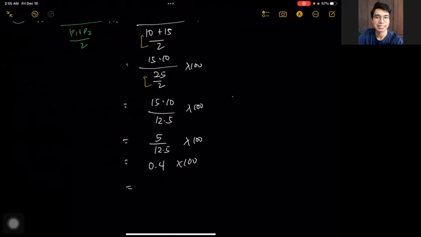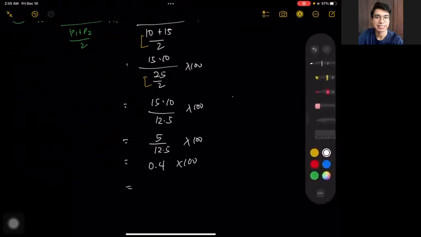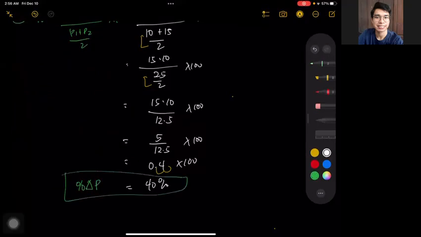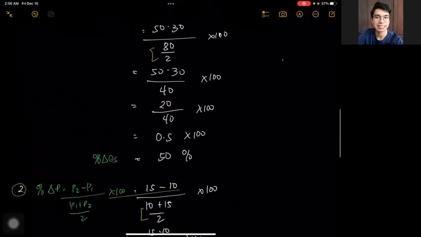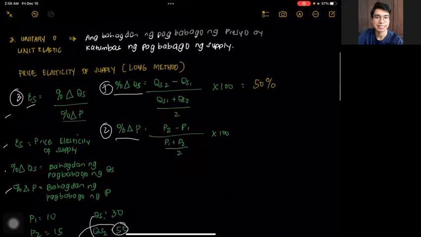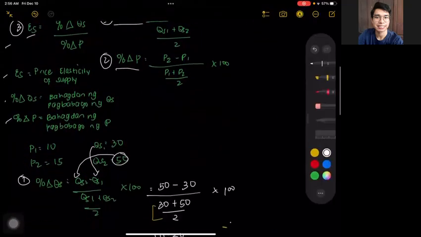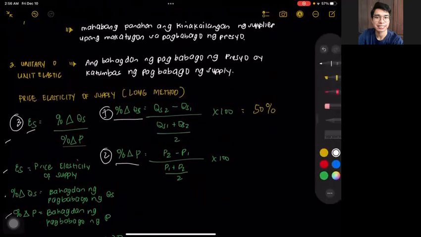So the answer is, move lang po natin yan ng 2 decimal since dalawa yung 0 ng 100. So the answer is 40%. So ibig sabihin, ang percentage change of price natin is 40%. So we can now write it on the top. So 40%.